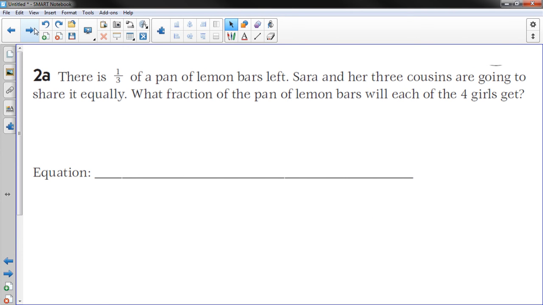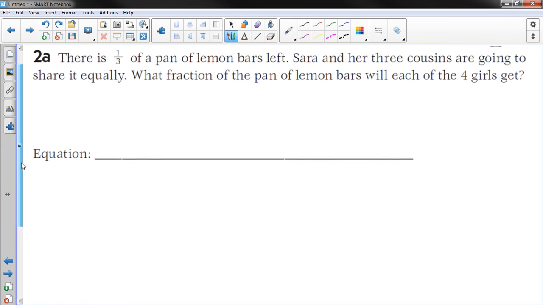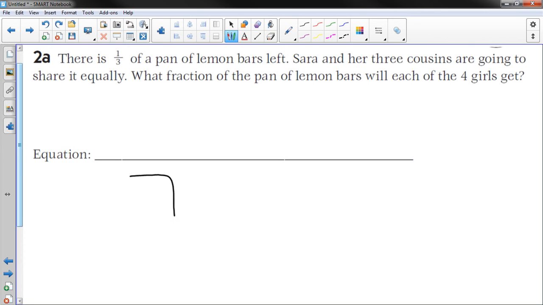2A. There is 1/3 of a pan of lemon bars left. Sarah and her 3 cousins are going to share it equally. What fraction of the pan of lemon bars will each of the 4 girls get? Alright, so let's just draw a picture. Thirds. 1/3.